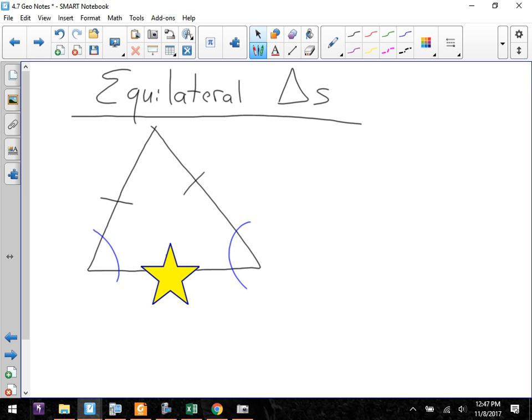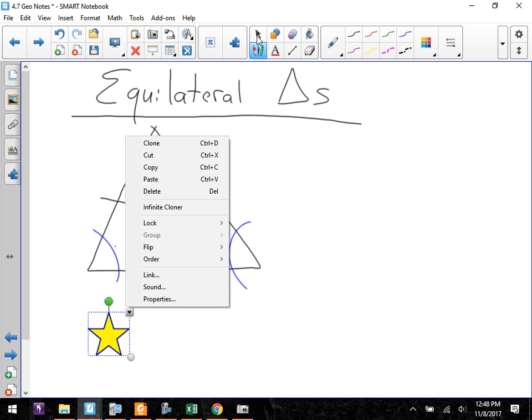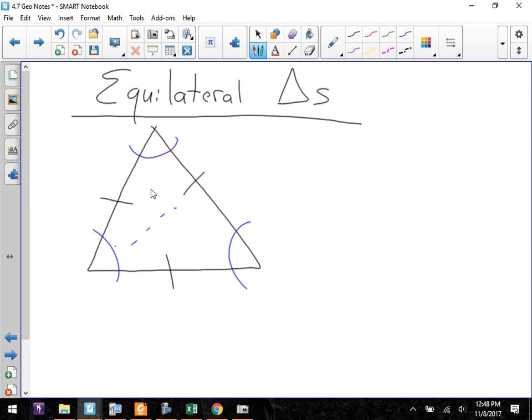You okay with that? Now, if I cover up this side, then these two sides are the same, which means their angles, well, this angle has a single tick mark, which means this one has to have one too. So with an equilateral triangle, it is nothing more than an isosceles triangle, just fancified.